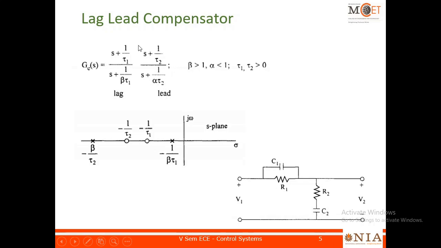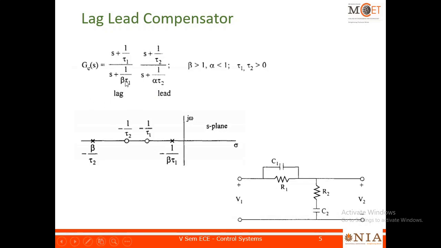So if this is one location of 0, then the corresponding pole location is this. And if this is another location of 0, then there is a corresponding location of pole. Okay. So there are two pairs now, one pole 0 pair and another pole 0 pair.